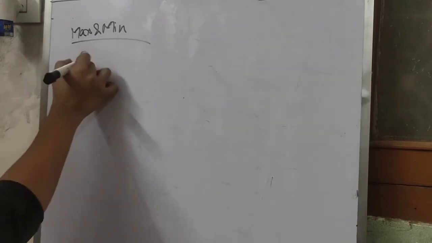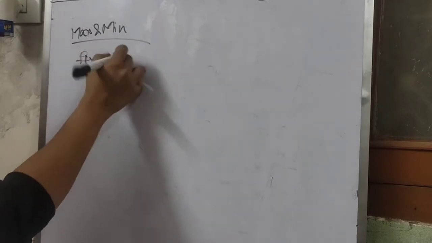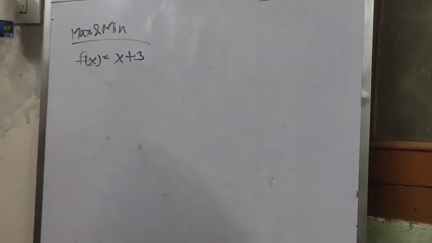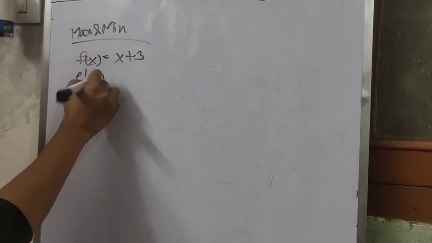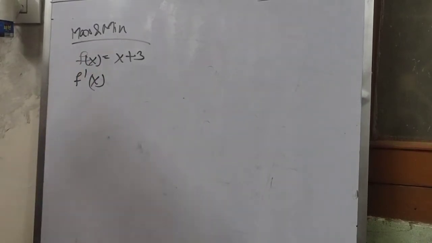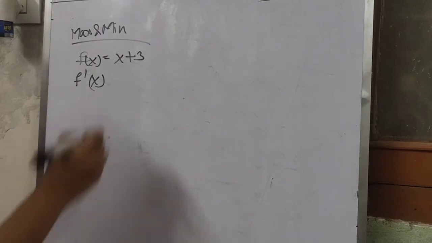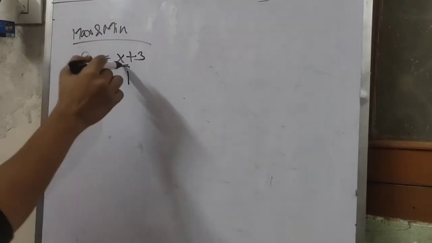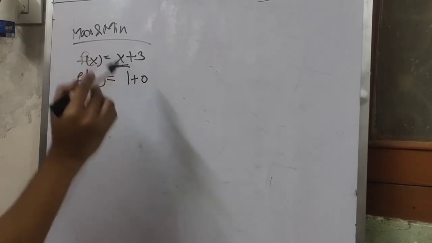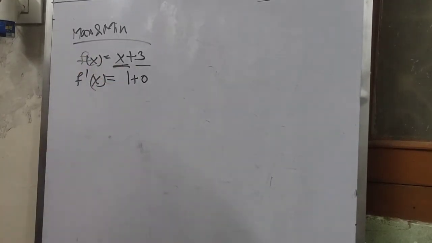You do not have to do anything, you just need to take up the function. That is, if you are given f x equal to, for example, x plus 3, you need to take the first derivative, that is f dash x. When you are calculating f dash x, you will get 1, since x is differentiable, and you will receive 0, since 3 has 0 derivative.